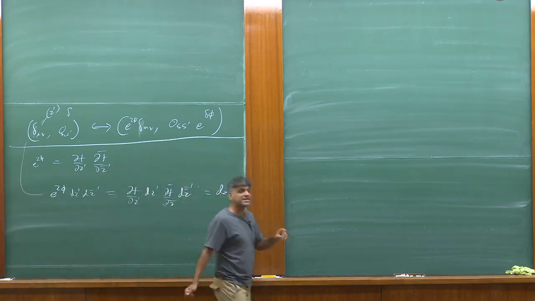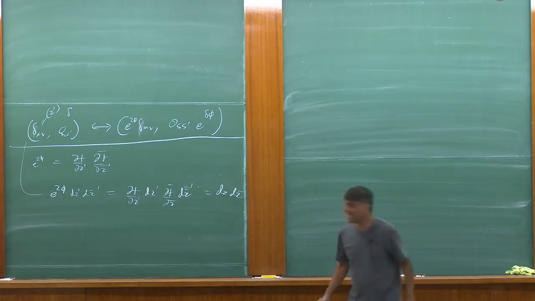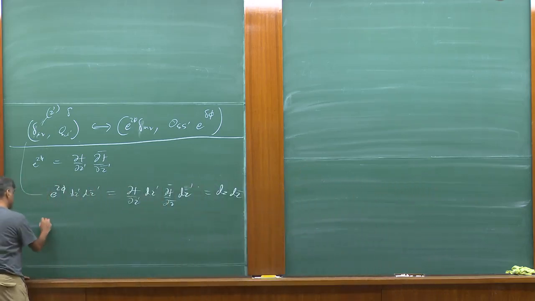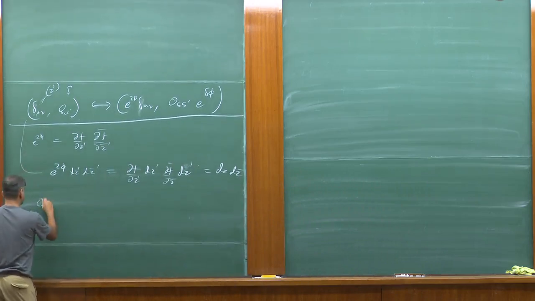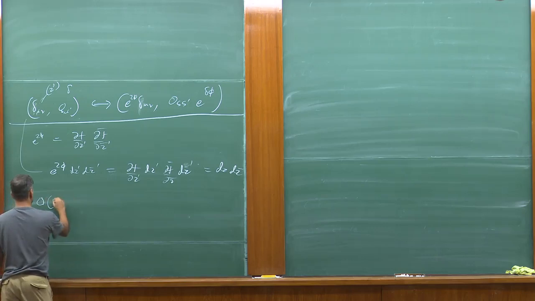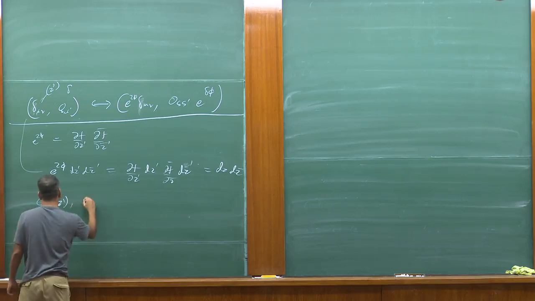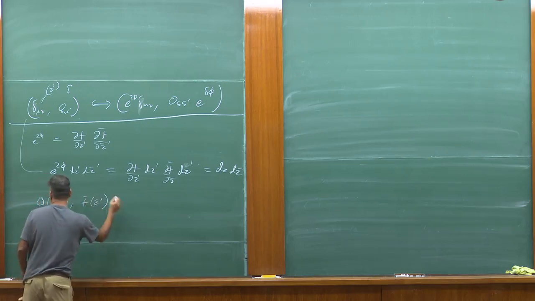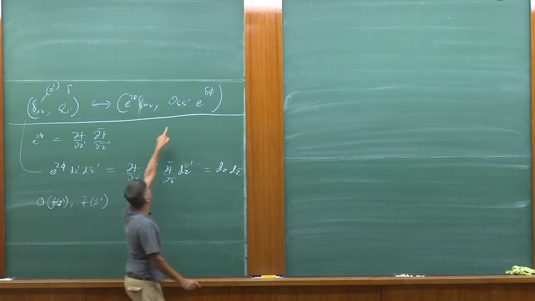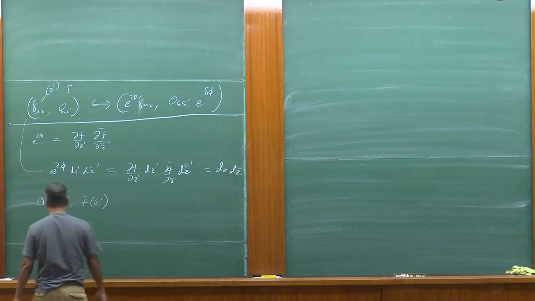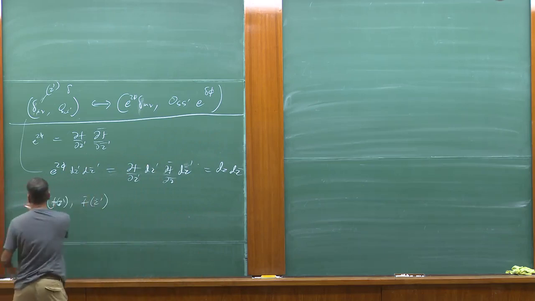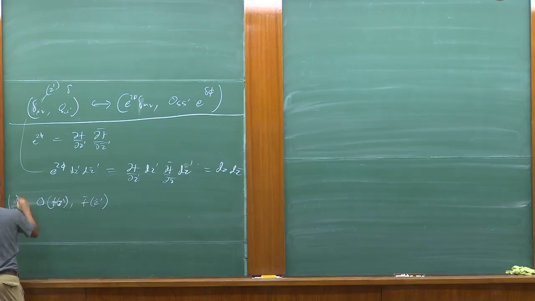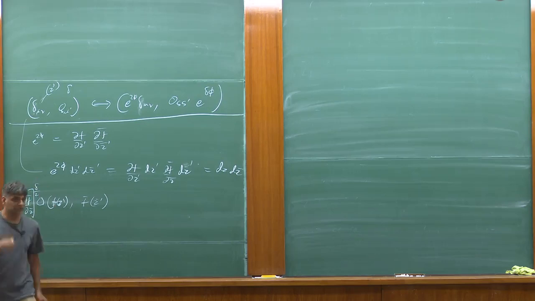So this is just a coordinate change. Had O had no indices, this is the case we studied before. Then we would have concluded that O of z, z bar, where z is now f of z prime and z bar is f bar of z bar prime, times e to the power delta phi, would be del f by del z prime times del f bar by del z bar prime, that is e to the power 2 phi, to the power delta by 2.